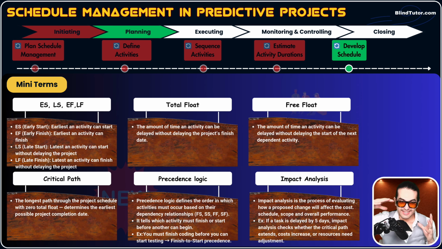We assess the effect of any change in the project on every part of the project, okay? On cost, resources, quality, schedule, every piece of the project. This is called impact analysis.